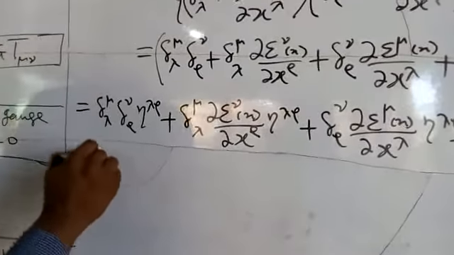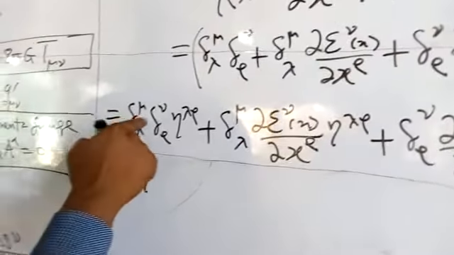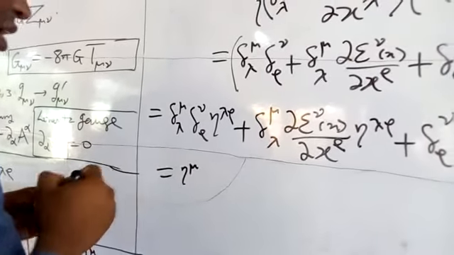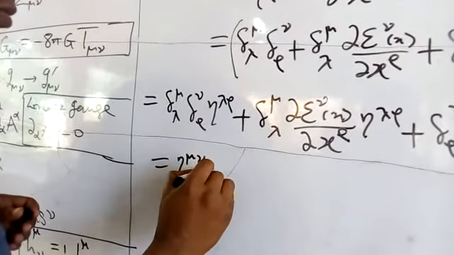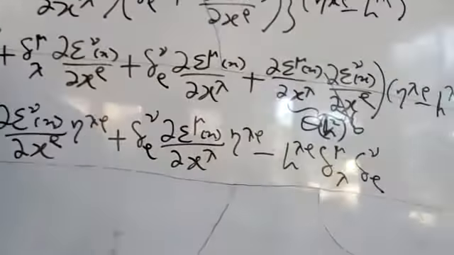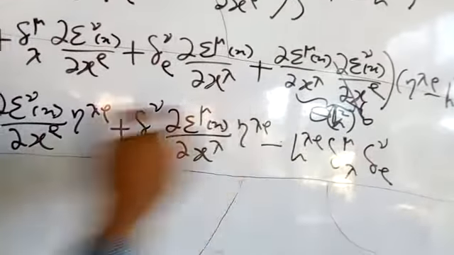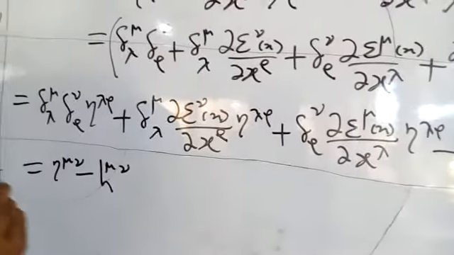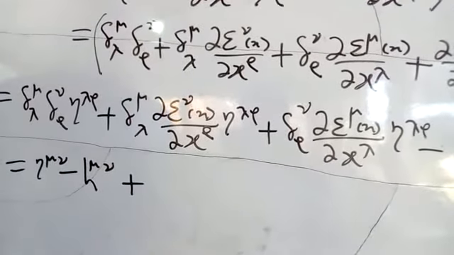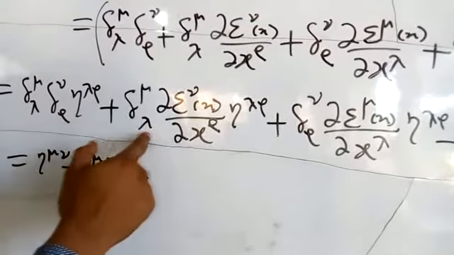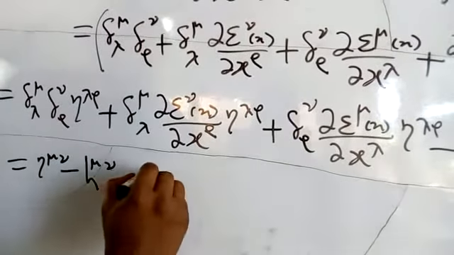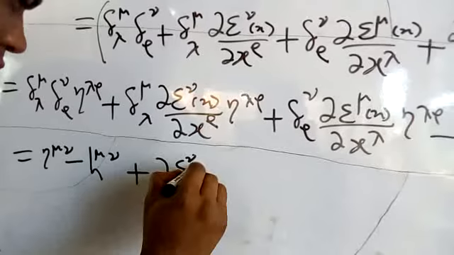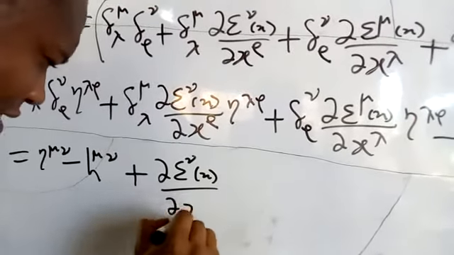Now here, the λ changes from this Kronecker delta to μ, and the ρ changes to ν, minus, I'm bringing in this last term, the λ changes to μ and the ρ changes to ν. So this is going to change here to μ and ν. This will be η^νρ, ∂ε^ν, this is ∂x^ρ.